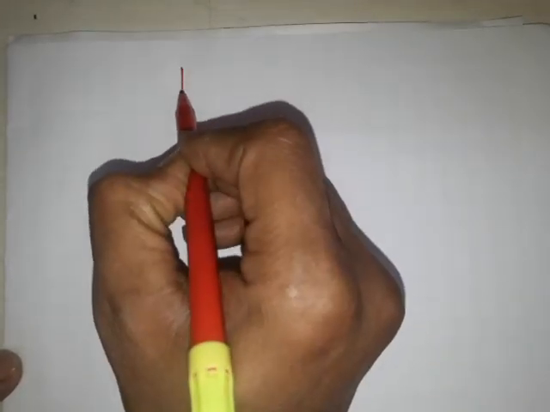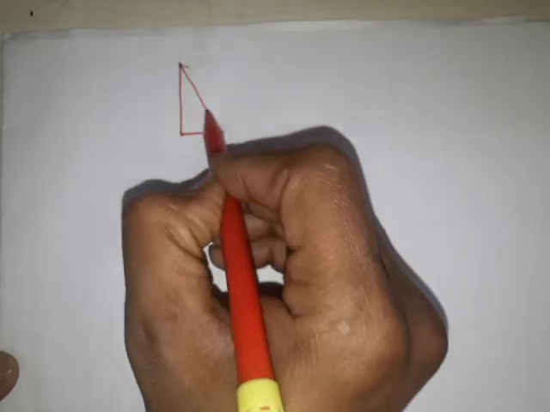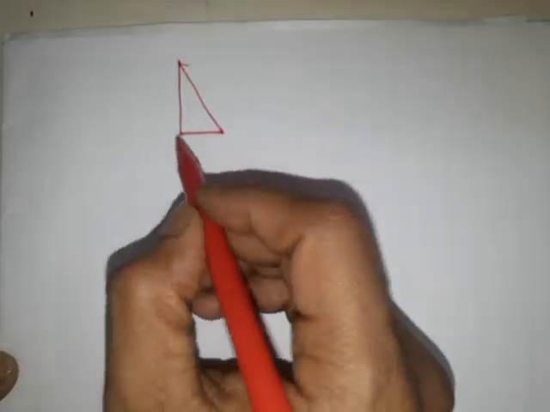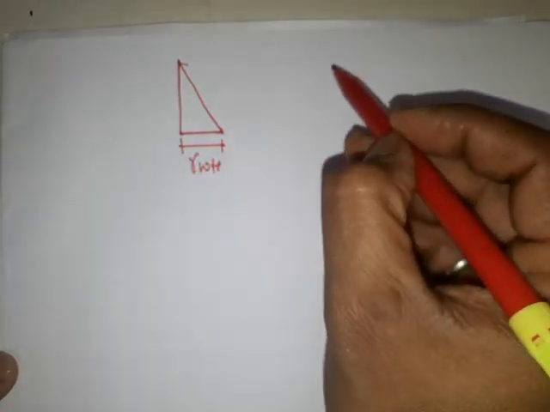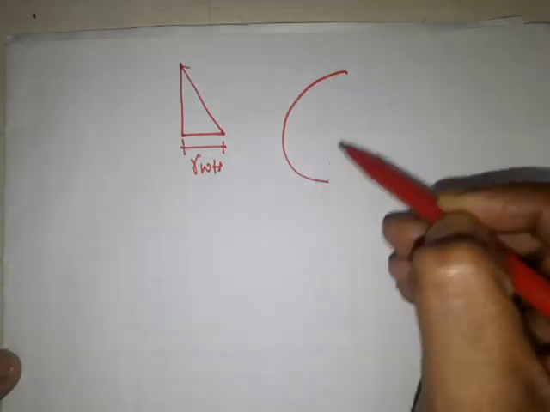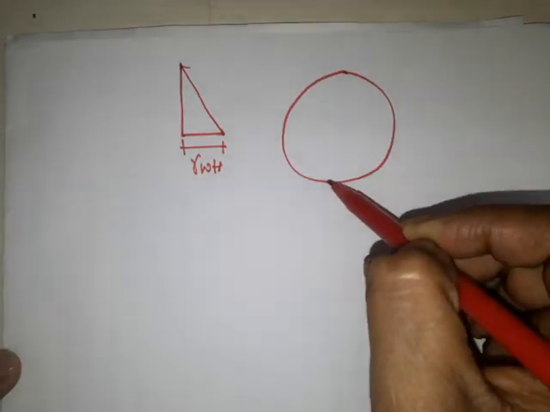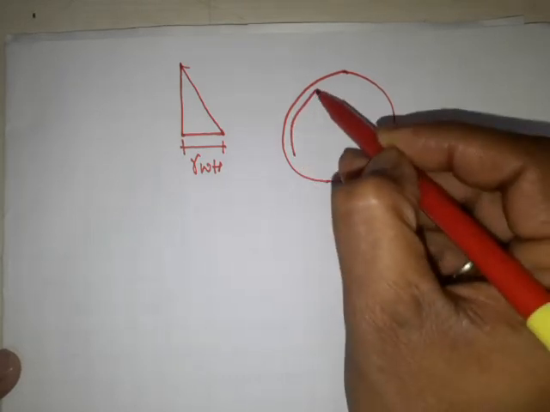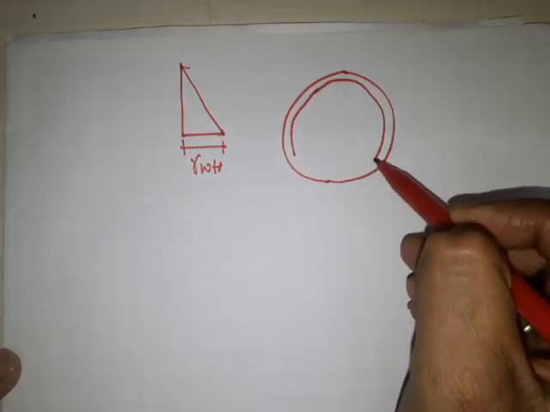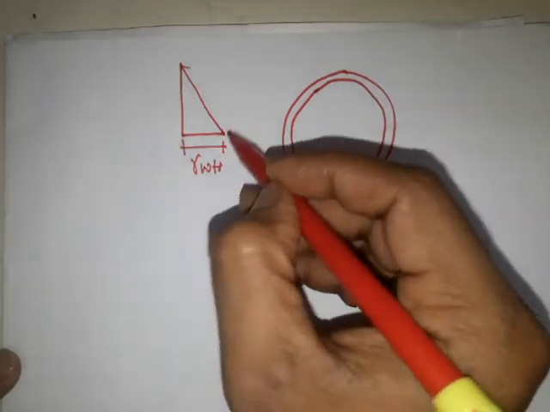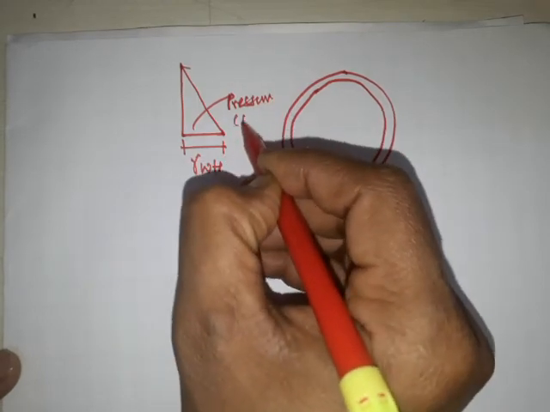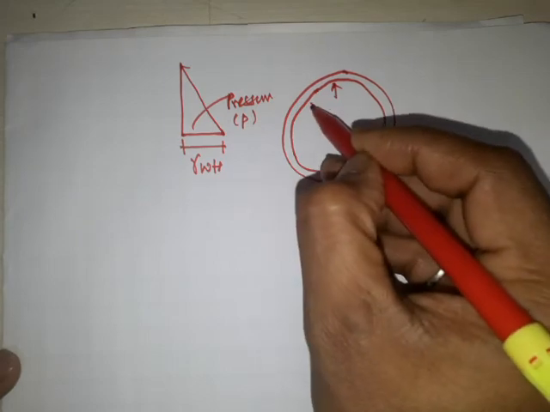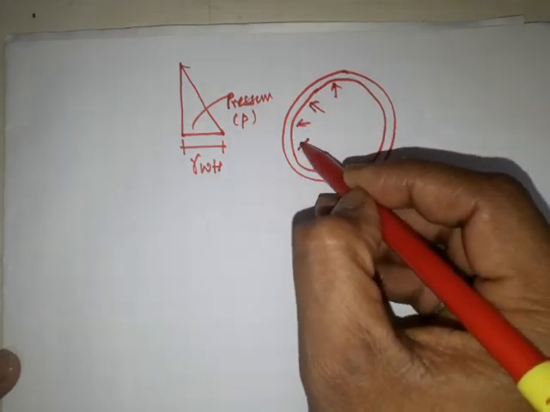As I told you, the tank has to resist the water pressure, which will act along the periphery of the wall. That pressure will be gamma W into H. Suppose we have a circular water tank, and this pressure P will act along the periphery of the wall.